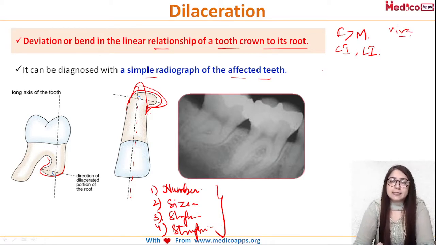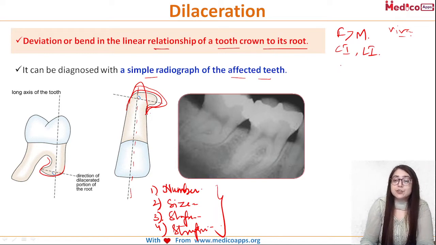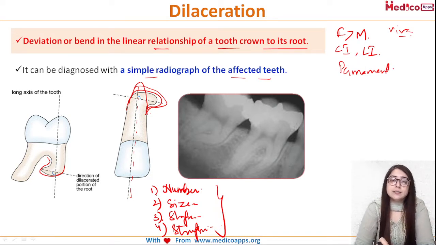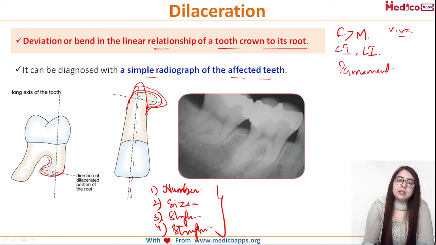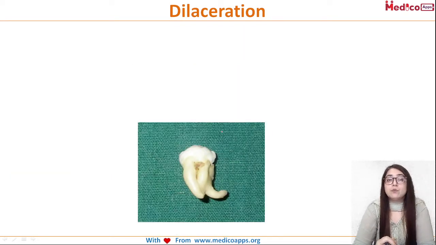Next, which dentition is affected more by dilaceration? It is the permanent dentition which is more commonly affected, right? Here also in this radiograph, you can see how these roots are bent, not this one, but this molar.